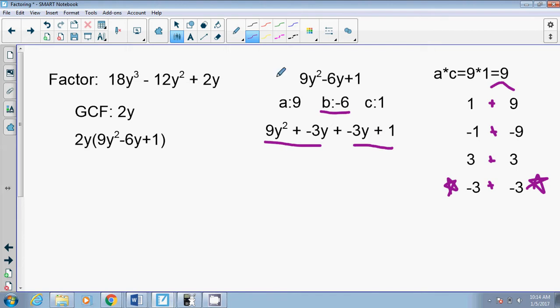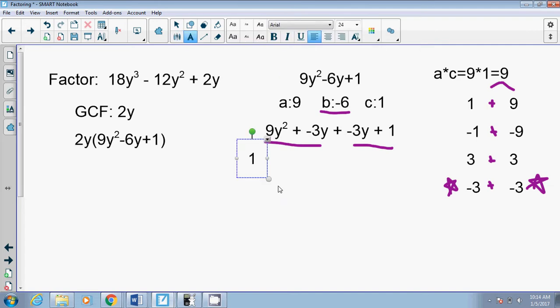So let's see here. The first 2, 9 is 1 times 3 times 3. And then there's 2 y's. And then -3y, I have -1 times 3 times y.